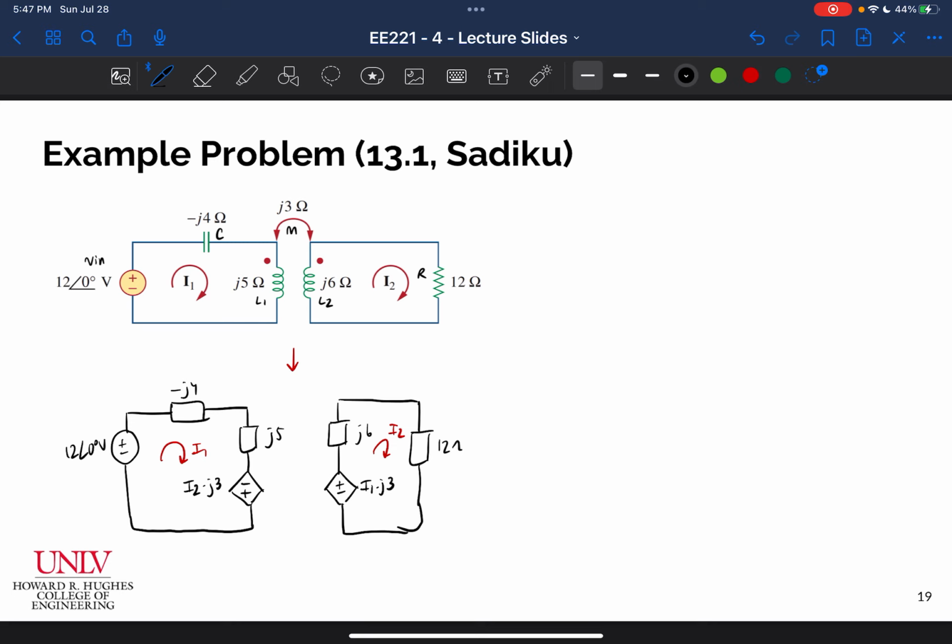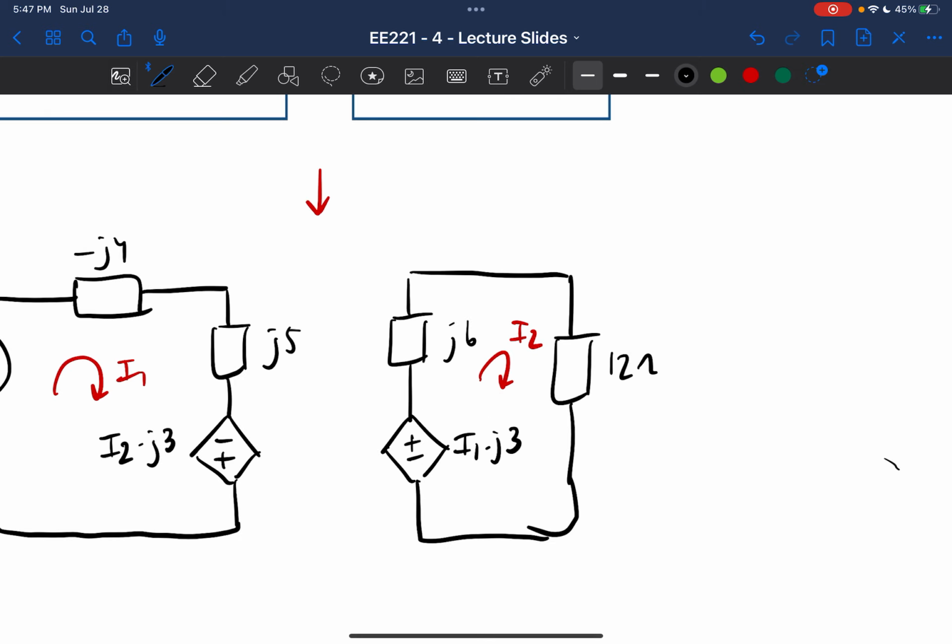It's the same way in EE220 that we said you can define a current this way, but if that current comes out negative, then you know that it was actually flowing positive in the other direction. The same goes here. You can define these currents however you want. If you were to flip the polarity of this source, you'd solve this, you'd get some value for I2, and maybe it would be 180 degrees phase shifted from the correct value.